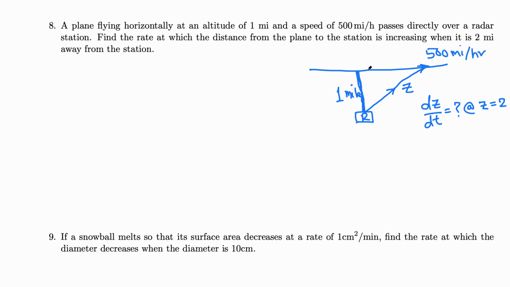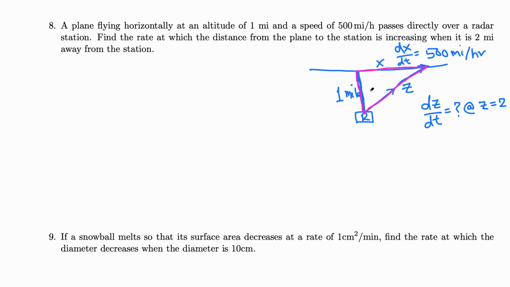Okay, that's the case. Now we consider a right triangle, this right triangle, and this is g, so let's say this is x, and this is the rate at which the airplane is flying, so this will be dx over dt.